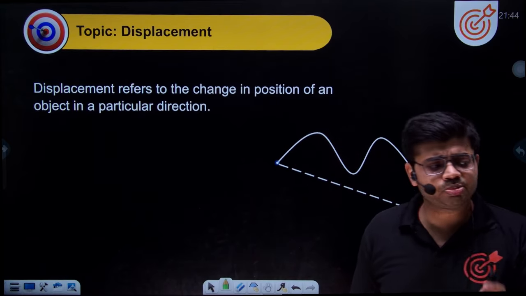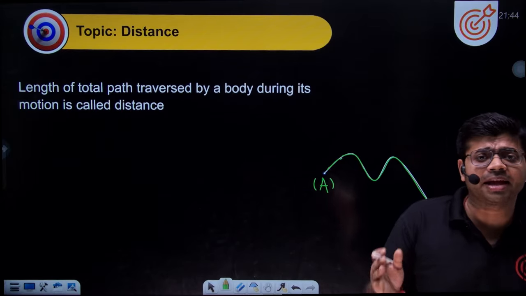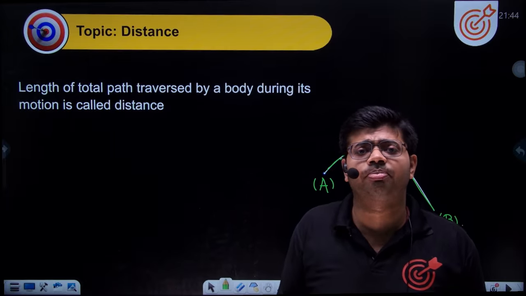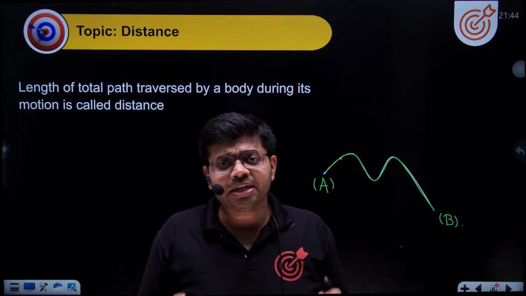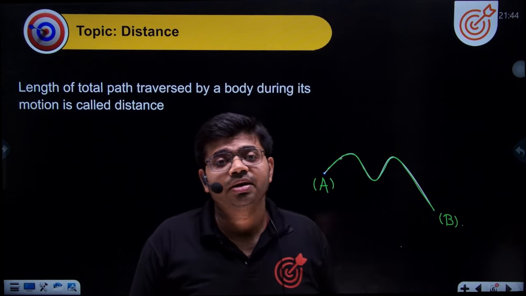And what is displacement then? Another thing we need to focus on is that here we are just considering the length. If I am talking about distance, I am just considering the length or the magnitude of the path. What is going to be my total magnitude of the path? In distance, we do not consider the direction.